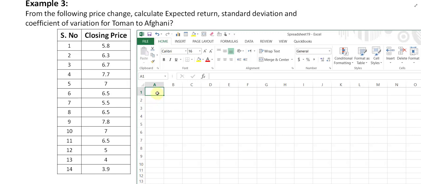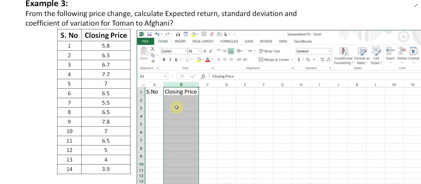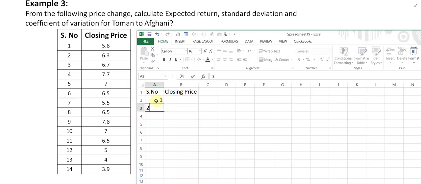The first one is, of course, the serial number. The next one is the closing price. Closing price, right? How much is the closing price? So mention the closing price here. For the serial number, mention 1, 2, 3, 4, 5, 6, 7, 8, 9, then 10.